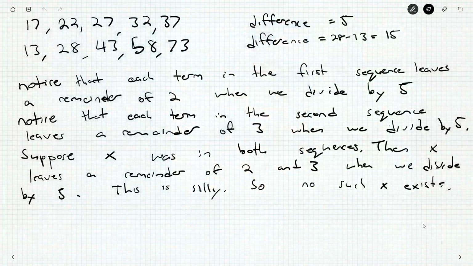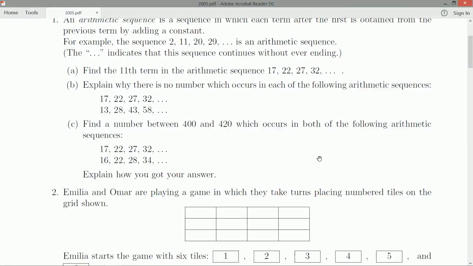Anyway, that's B part. Let's take a look at C part. C. Find a number between 400 and 420 which occurs in both of the following arithmetic sequences. So we've got 17, 22, 27, 32, the same one that's been following us the whole time. 16, 22, 28, 34.